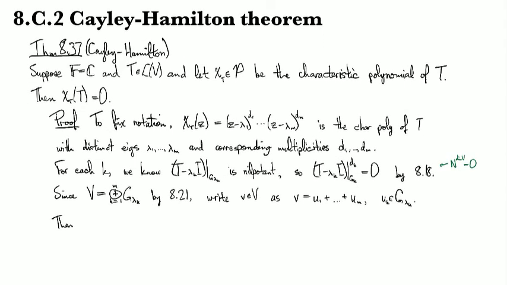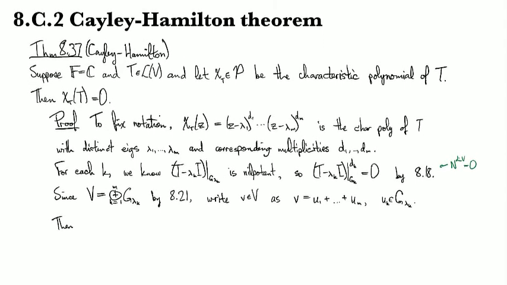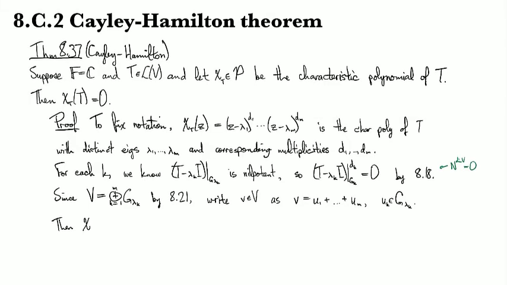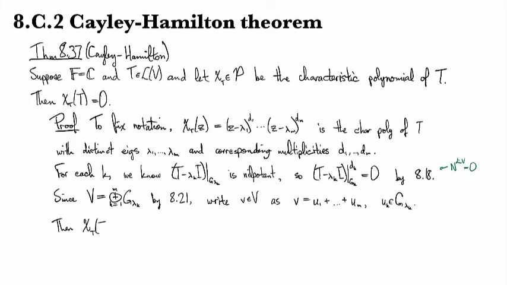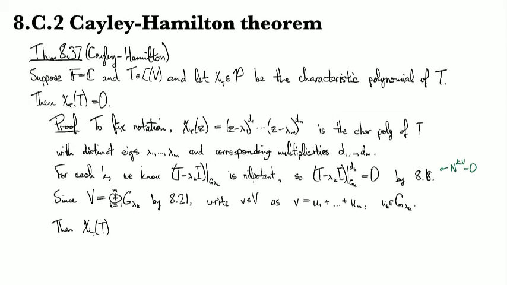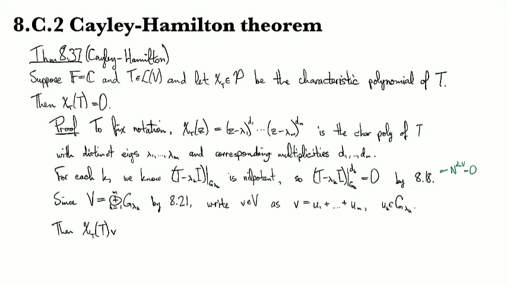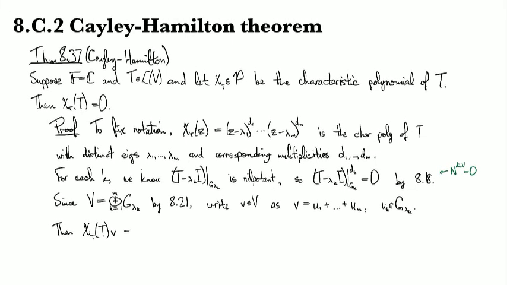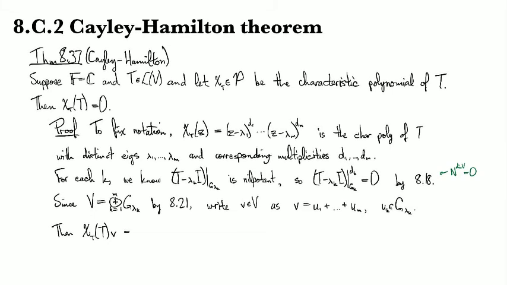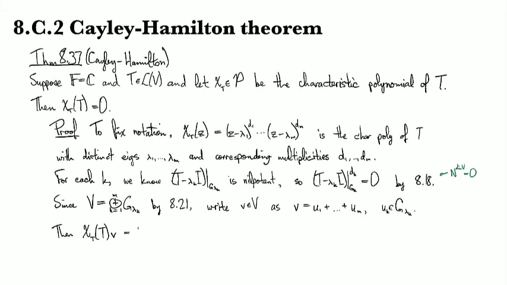And then if we look at what the operator χ_T(T) does to this v, well, we can first off by linearity distribute it.